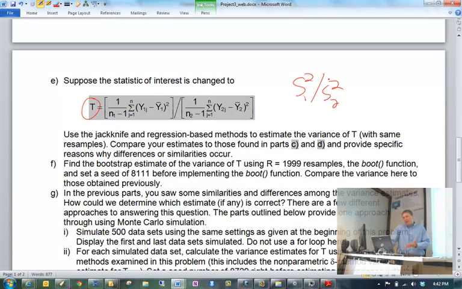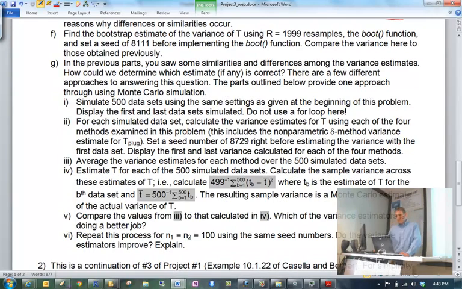You've been concerned about whether we are going to get good results, and the right variances. So I purposely put this problem in here to show you that, indeed, you're going to get just about the same results. Compare your estimates to those found in Parts C and D. Provide specific reasons why differences or similarities occur. Being very specific.